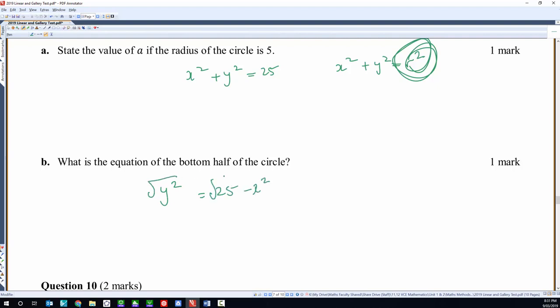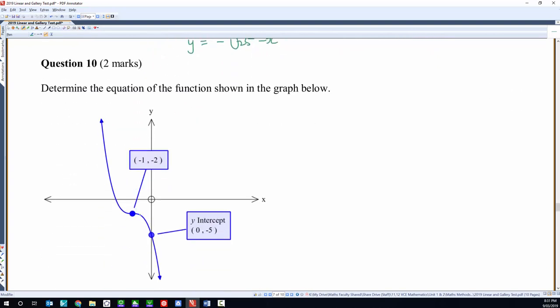We root both sides, y is equal to plus or minus the square root of 25 take away x squared, and because we want the bottom half, y equals negative the square root of 25 take away x squared. That's how we take the bottom half, but you could have just written that out by recognition. That was only a 1-mark question, so you didn't need to go through all of those.